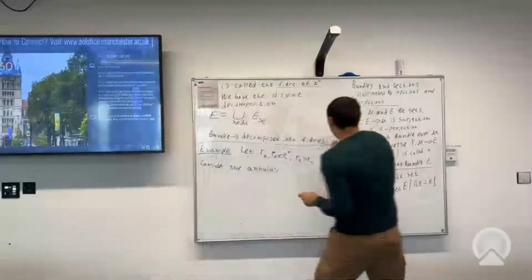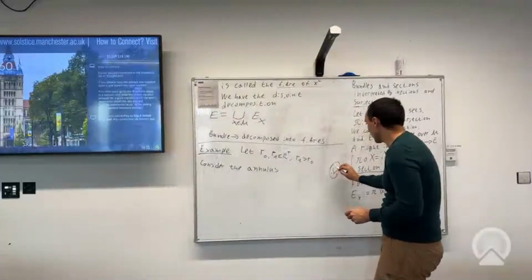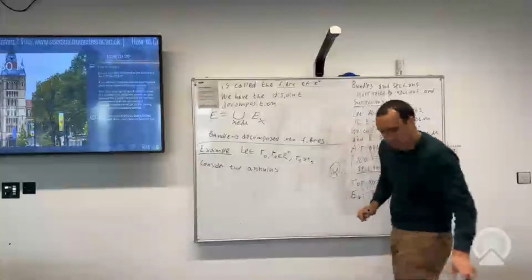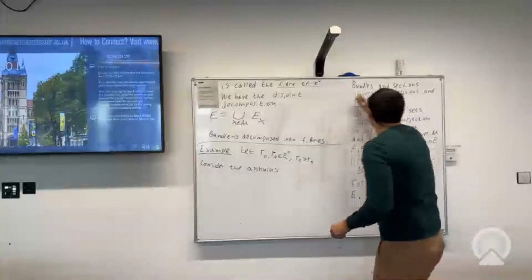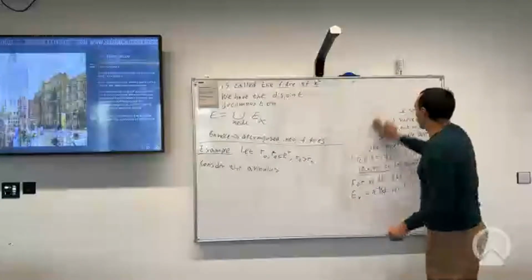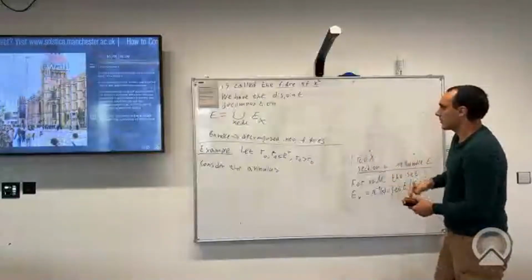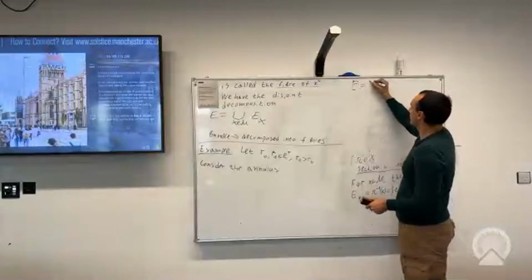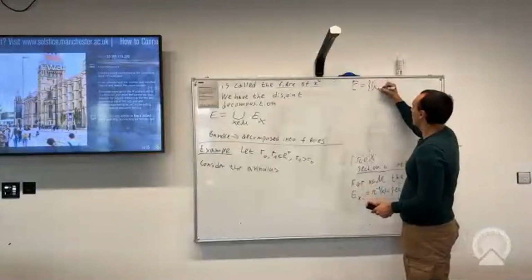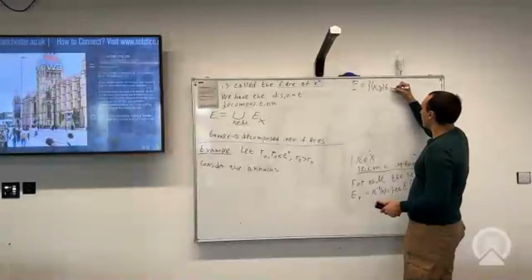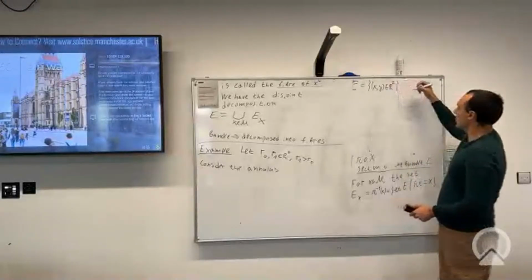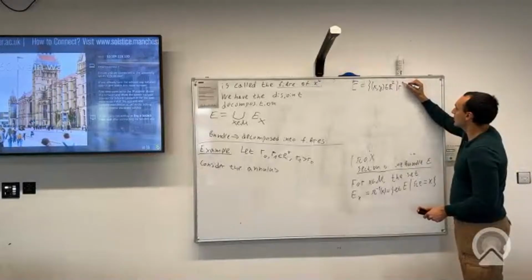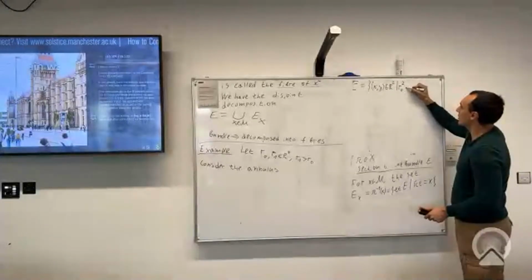So the annulus is the set between two circles. The annulus is defined as E, all pairs of real numbers such that R0 squared is smaller than x squared plus y squared, smaller than R1 squared.